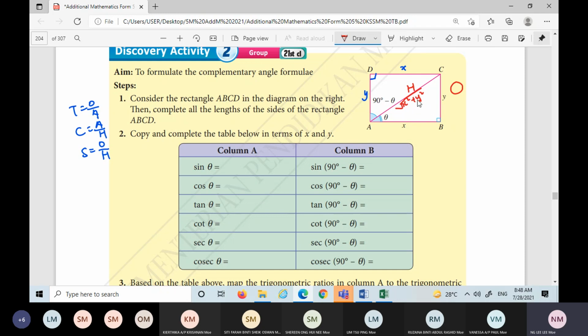So this is the H, then this one will be the A. Now for the first one, sine theta is O over H. O is y here, and H will be this.